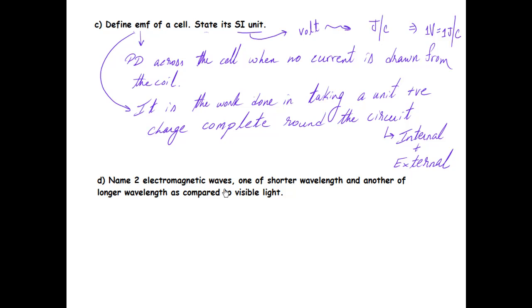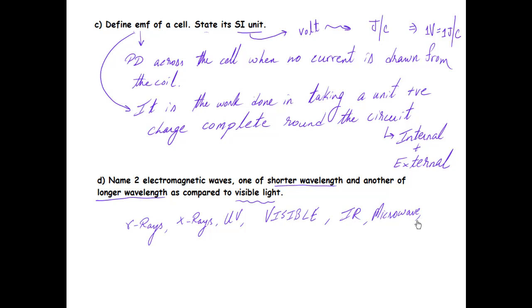Name two electromagnetic waves, one of shorter wavelength and another of longer wavelength as compared to visible light. So we know very well that wavelength wise, gamma rays have the smallest wavelength, then come X-rays, then UV rays, then visible, then infrared, microwave, and finally the radio waves, which have the longest wavelength.